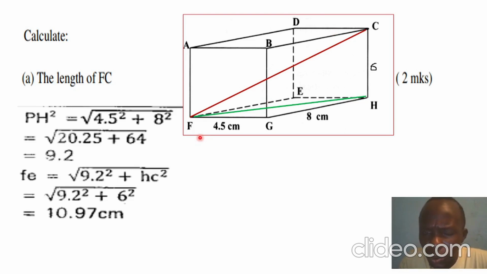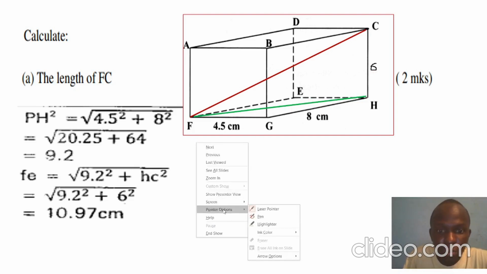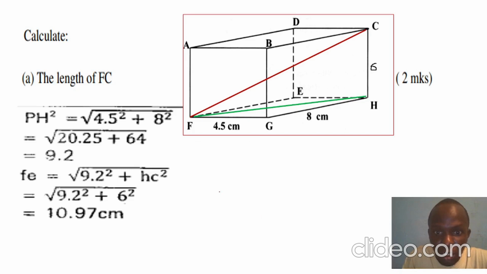We can call it a shadow, as the light has been cast just above the line FC, and the shadow of that line is line FH. So looking at that formation, we can extract a triangle from there. So let us extract a triangle.